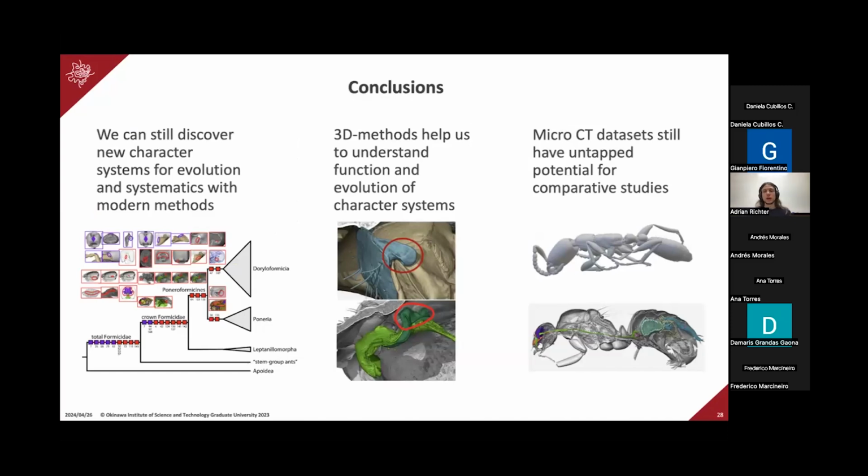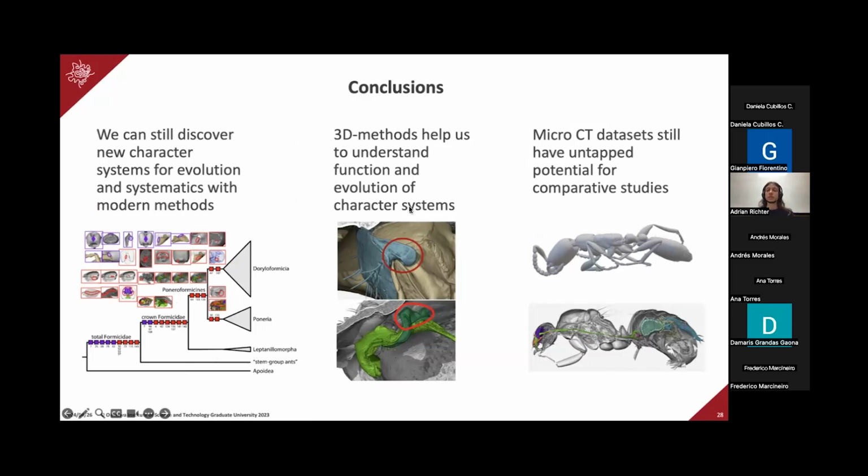Coming to the end of my long-winded discussions, I hope that I was able to convince you that with these kinds of morphological studies, we are still able to discover new character systems for evolutionary and systematic work, where we can still find out something about the evolution of ants, for example.